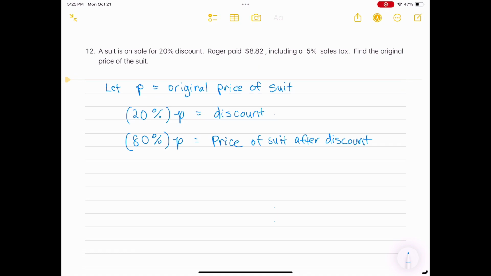Next, we need to account for the 5% sales tax. The sales tax would be attached to the price of the suit at the time of sale.